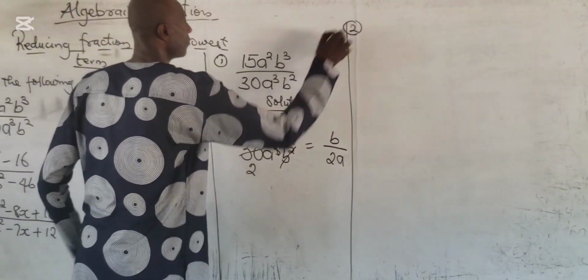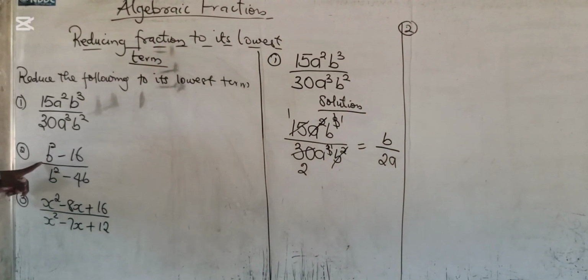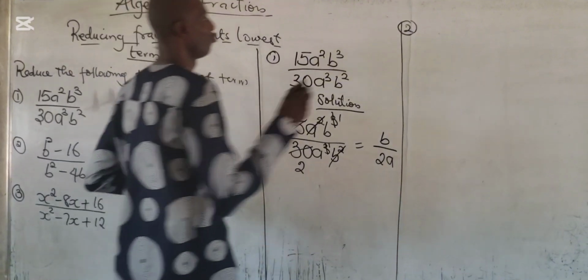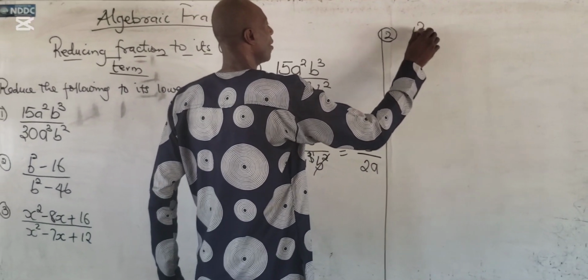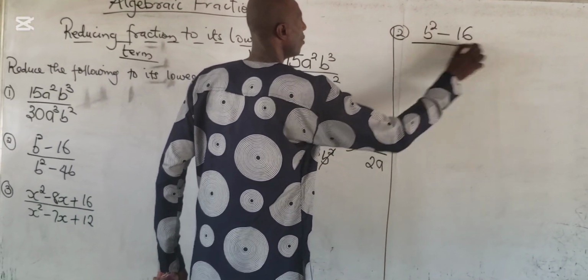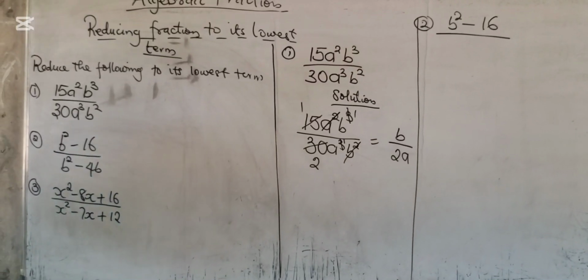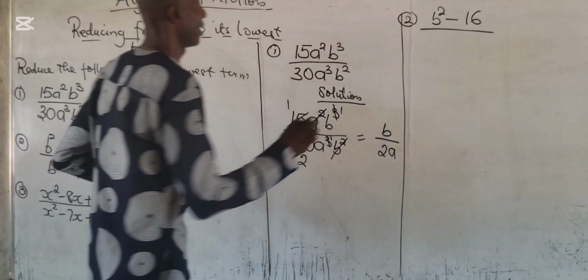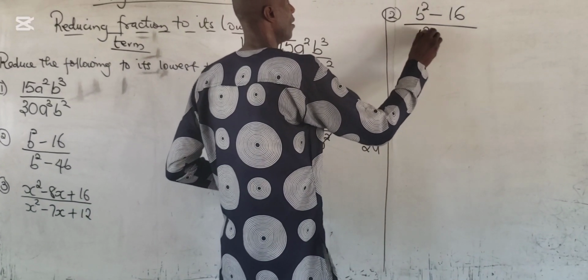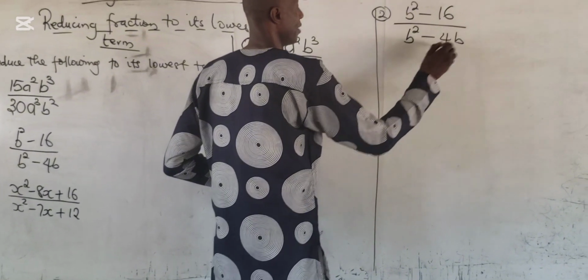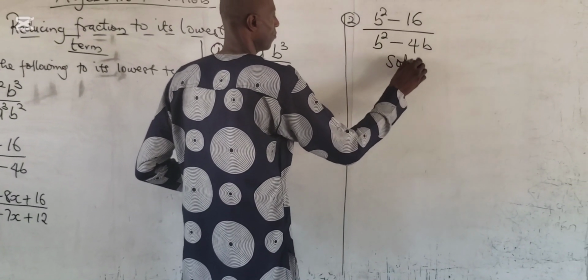Number 2 says b raised to the power of 2 minus 16 all over b raised to the power of 2 minus 4b. Solution.